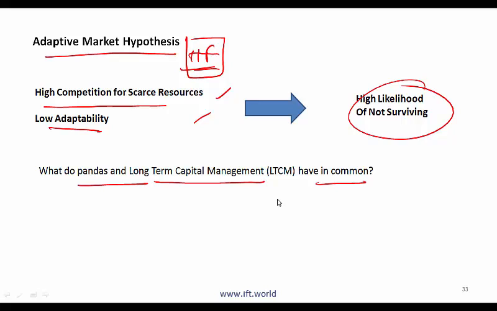And ultimately they went bust. So what's the point here? They were not adaptable, so they did not survive. Just like if pandas are not adaptable, you remove the bamboo, they will not survive. So this is your adaptive market hypothesis.